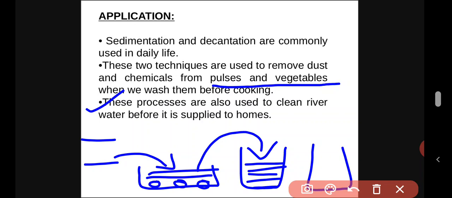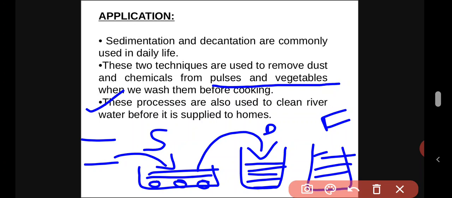This is the sedimentation, now here decantation, but later filtration is also used. Filtration means all the sediments are filtered in this case. So please refer to the book for these three processes of filtration, sedimentation and decantation to remove heavy insoluble impurities from river water.